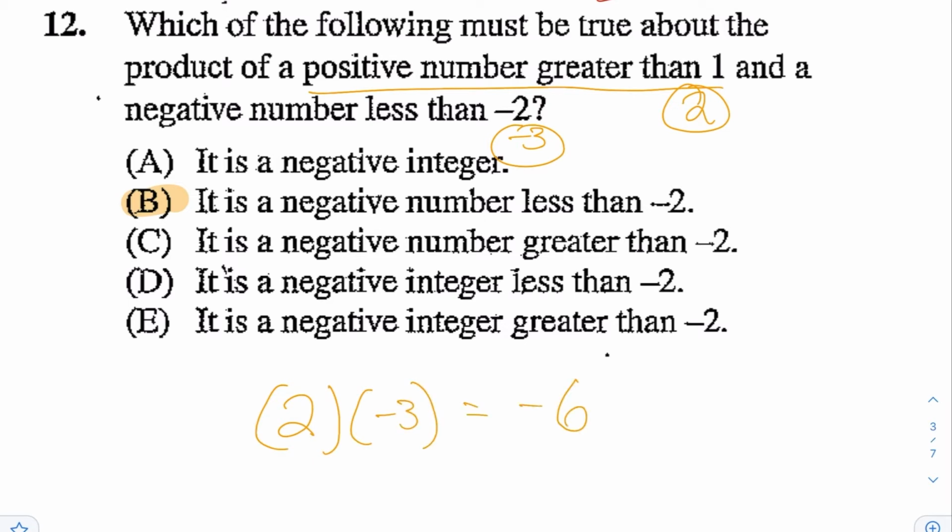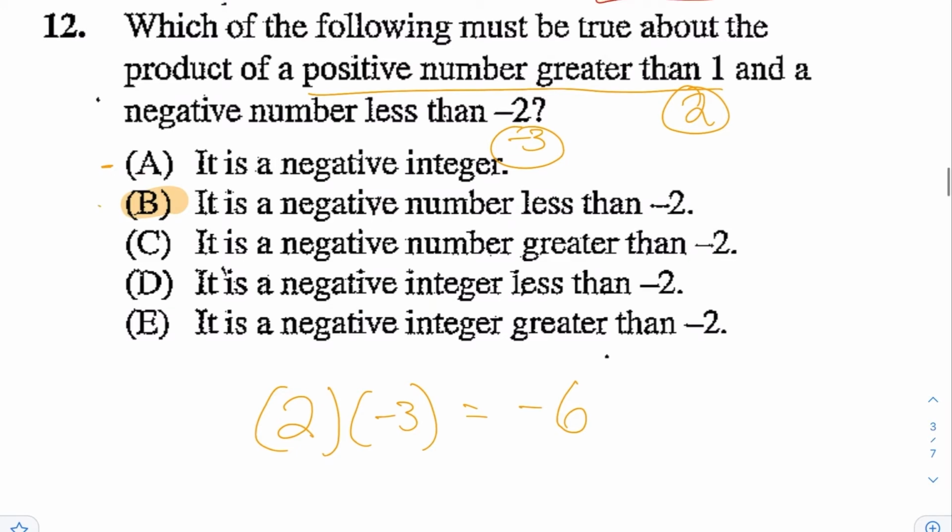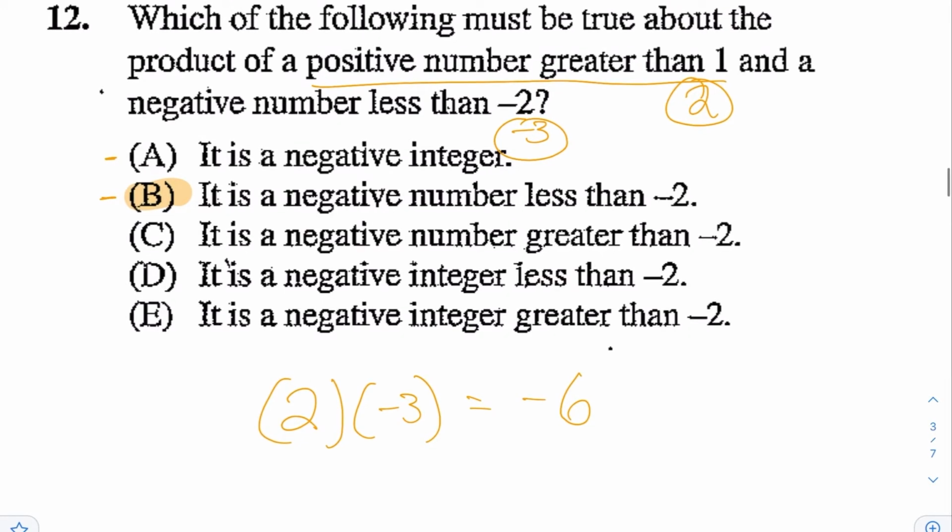So here, it could be A, so that could be true, because it is a negative whole number. It is a negative number less than -2, that's okay. It's not greater than -2 though, because numbers greater than -2 will be -1, 0, 1, 2, etc. So choice C is wrong, we've eliminated that.